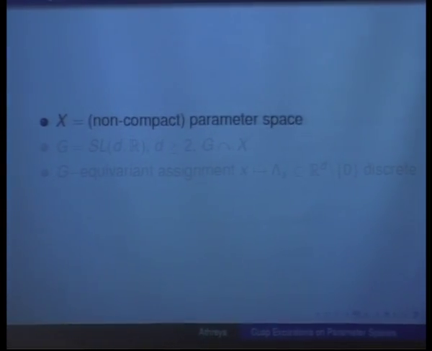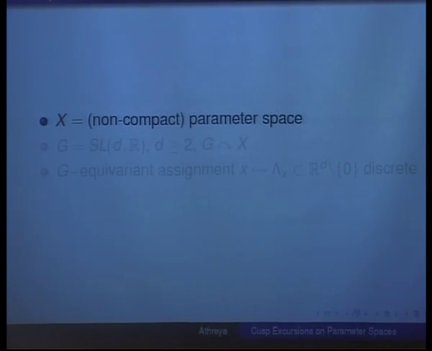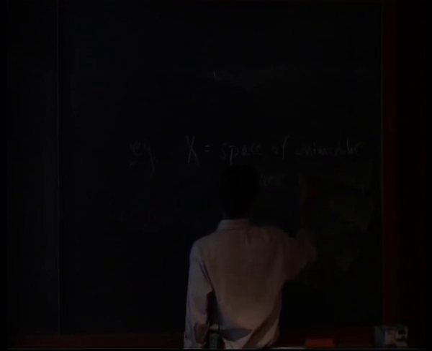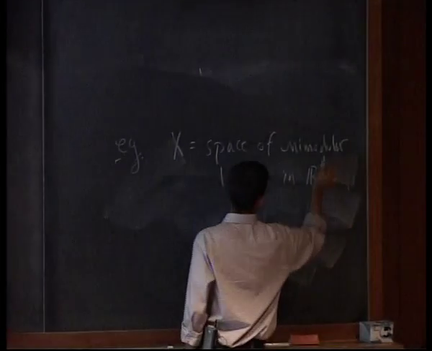So the canonical example throughout the talk: X equals space of unimodular lattices in R^d.